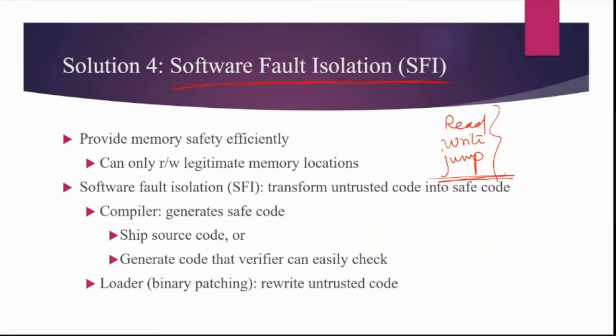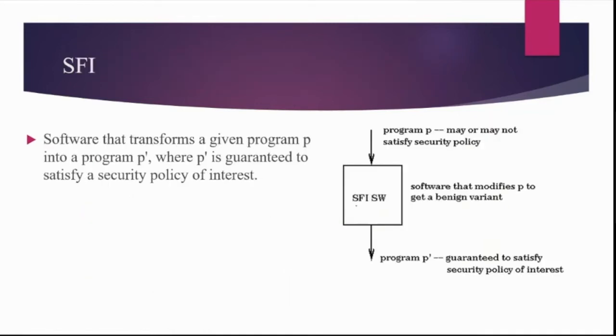Now, what will this software do? It will transform untrusted code into safe code. If you see this diagram, the job of SFI software is to take a program P, which may or may not satisfy the security policy, and convert it into another program called P dash, which is guaranteed to satisfy the security policy of interest.